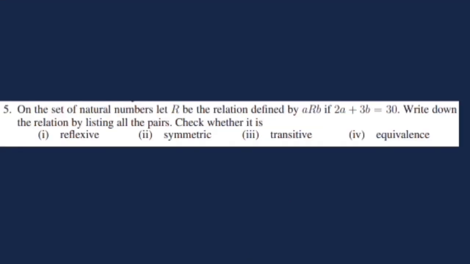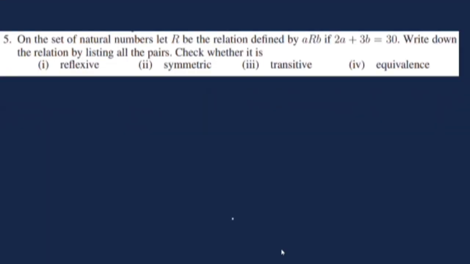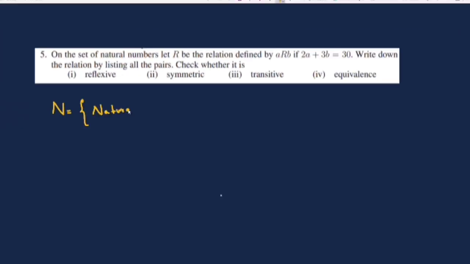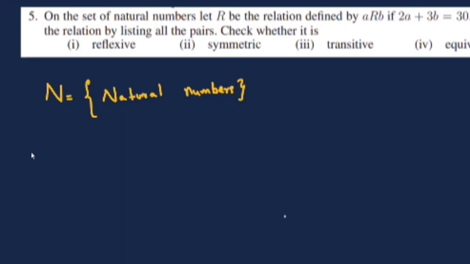The next one, on the set of natural numbers. So the set is natural numbers here, and they have defined a relation R. What is the relation? A is related to B. What is the condition? If 2A plus 3B equals 30. That means A and B are related in such a way that when you multiply A by 2 and B by 3, it should give you 30.